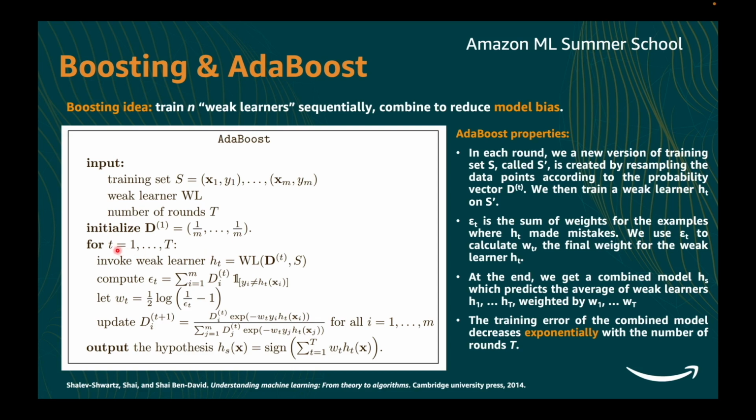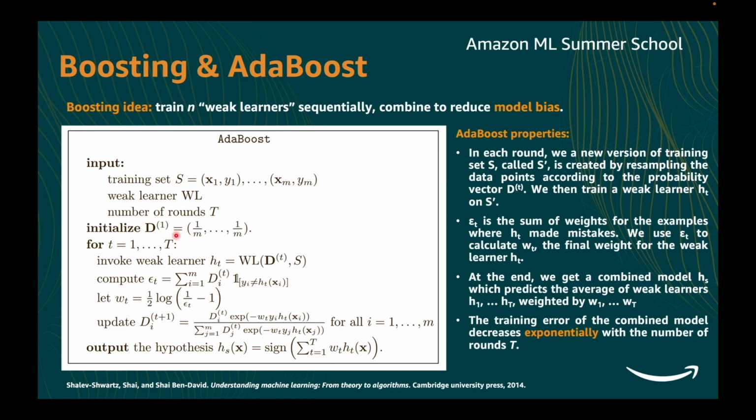And then in each iteration of AdaBoost, you create a new weak learning model. From the weak learner, you create this model, and the procedure to create this model is over here. So basically what you do is you create a new version of the training data by resampling the data points in your original training data based on this probability vector D_t, right?